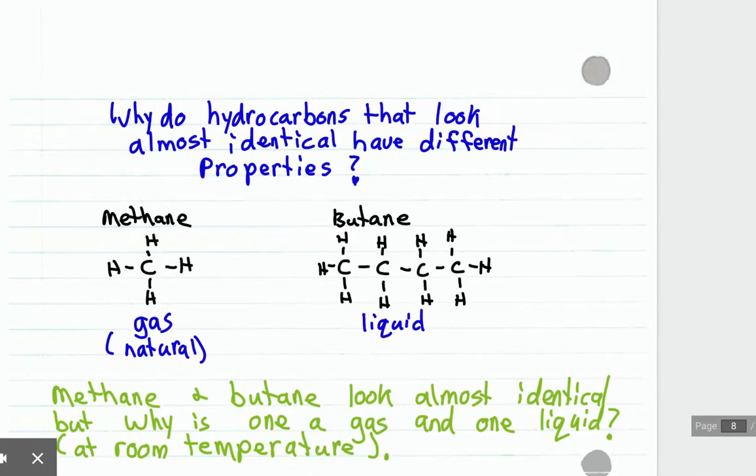And there are some that are even solids. And because of their intermolecular forces, it dictates their physical properties. And there's lots of properties we haven't even talked about yet. And those properties are what are responsible for how the hydrocarbon is used in society.